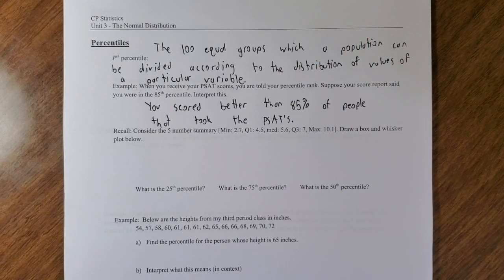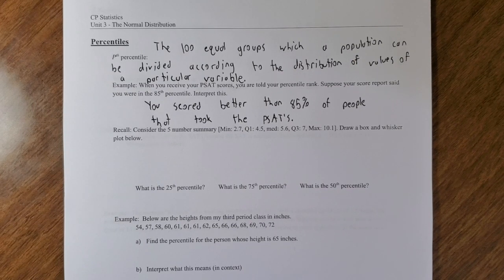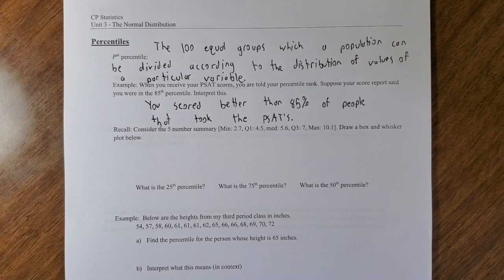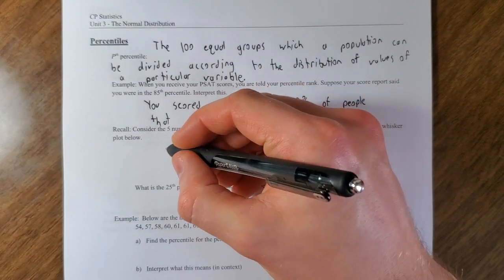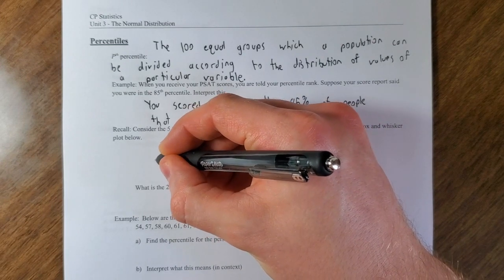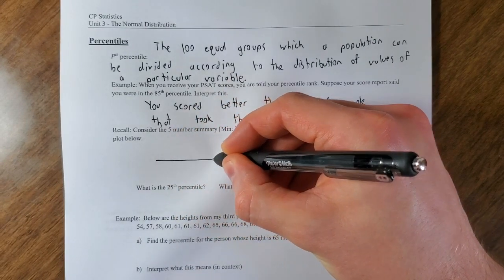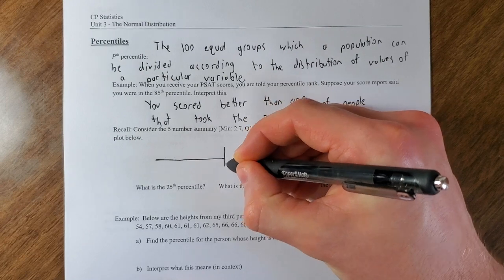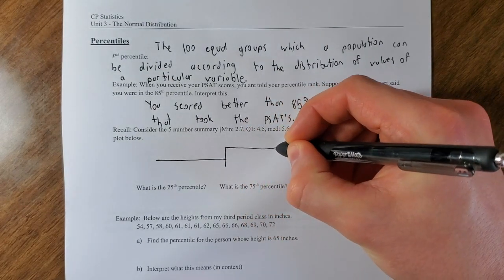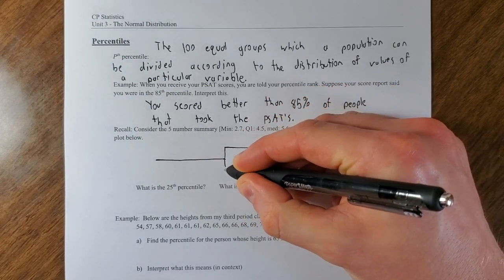Now let's recall our 5-number summary: our min, Q1, median, Q3, and our max. Let's draw a box and whisker plot to represent those. The nice thing about box and whisker plots is that they're already an introduction to percentiles. These are just some really simple, easy to understand percentiles.